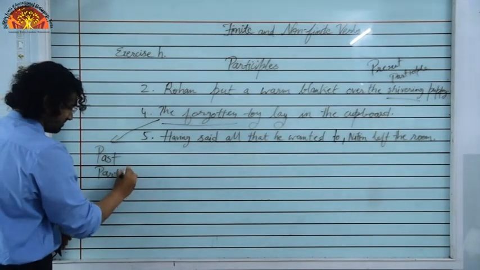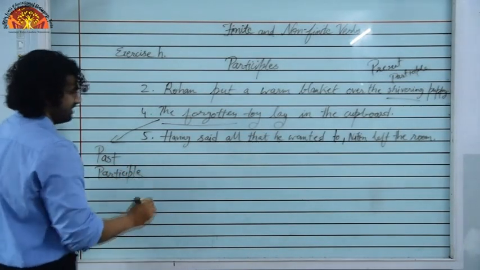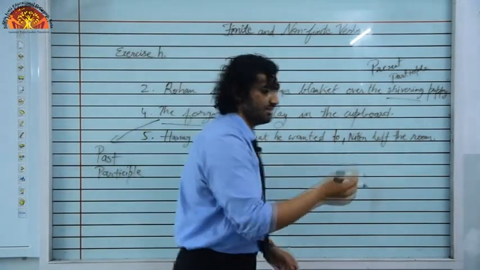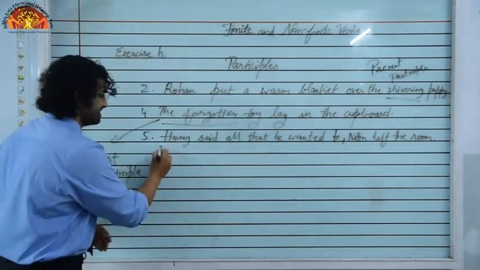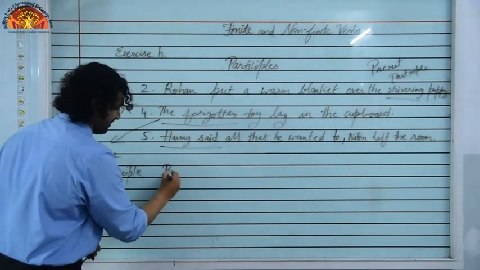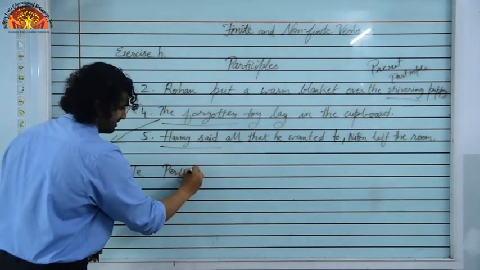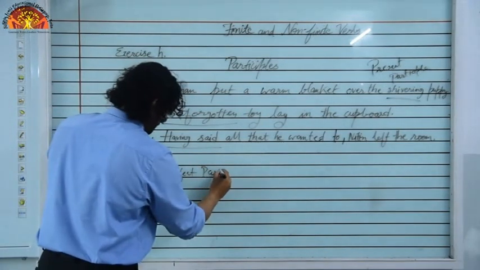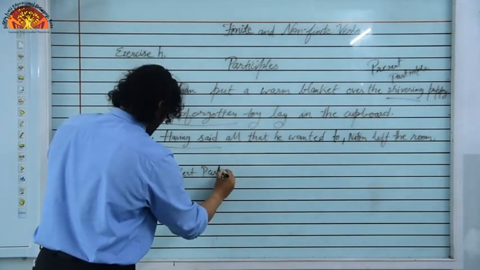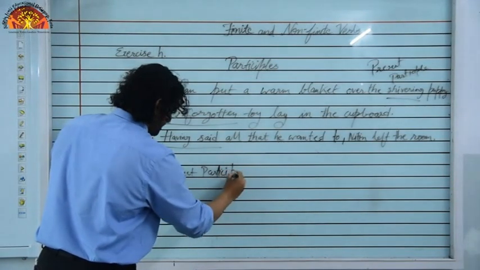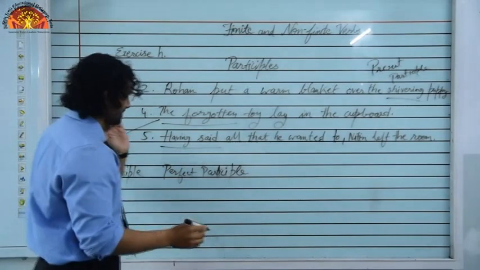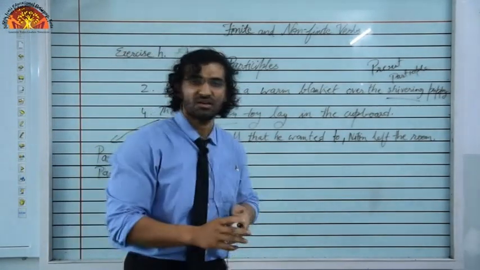Having said all that he wanted to, Nitin left the room. Having said, this is the perfect one. Perfect participle. Having received, having said, such are the examples of perfect participle.